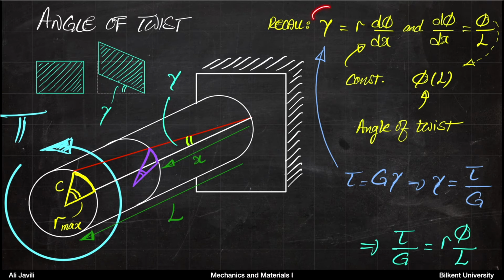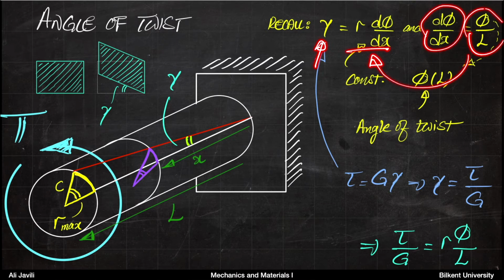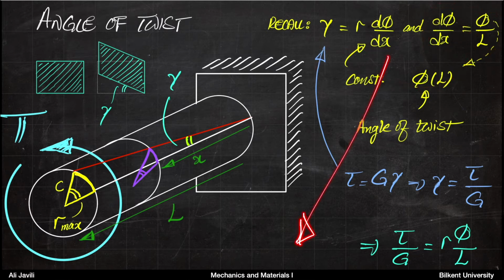So let's say from the first relation, you can see gamma is equal to r d phi over dx, and then d phi over dx is the same as phi over L. So if you do that, basically from this relation, you know that gamma is equal to r phi divided by L. And then here you know gamma is equal to tau divided by G. And from these two relations, if you equate them, then you get rid of gamma, you get rid of shear strain itself, and you get this relation.